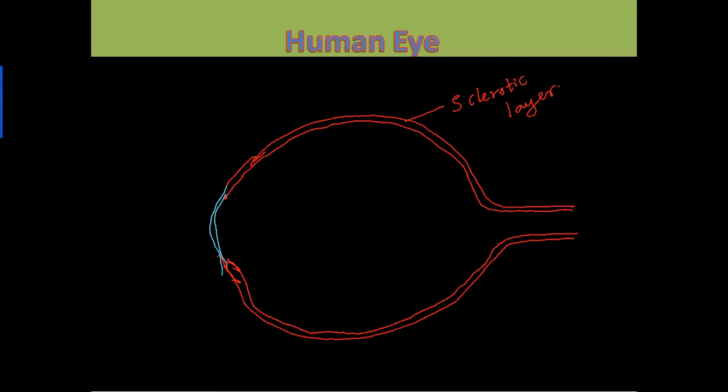Then internal to the cornea, inside the sclerotic layer, you can see this layer that is called the choroid. You can draw the choroid like this.